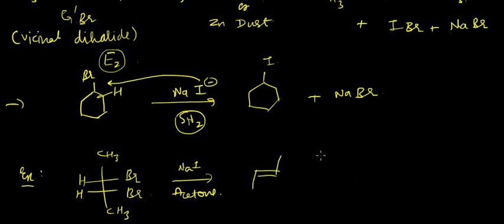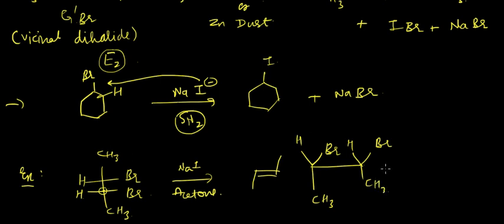Because these two Brs have to be anti in position to each other. So if we draw the Sawhorse formula for this, suppose this is the first carbon, so we have Br, H, CH3 here, and again on the back carbon we have Br, H and CH3 here, and we just saw that it's an anti-elimination. Okay, so these two Brs have to be anti to each other.